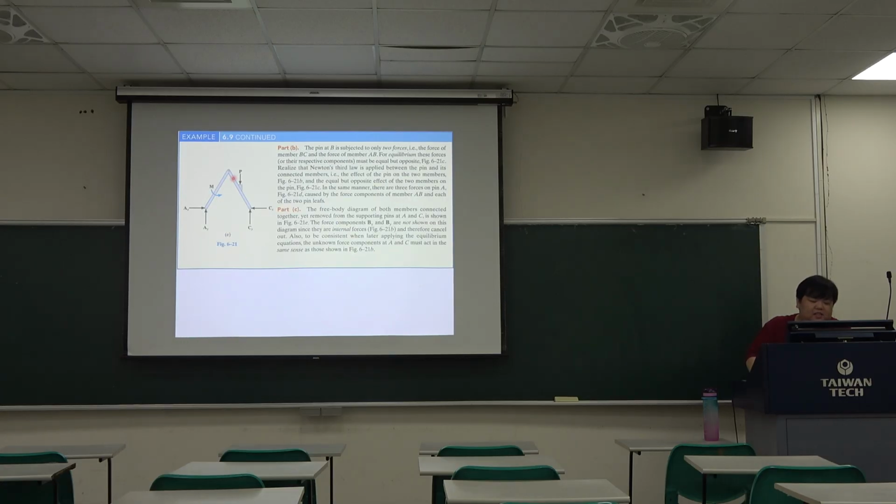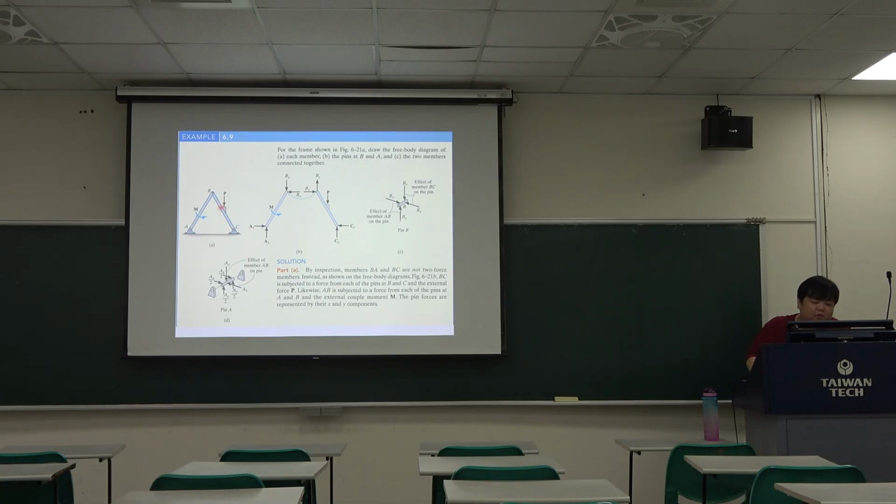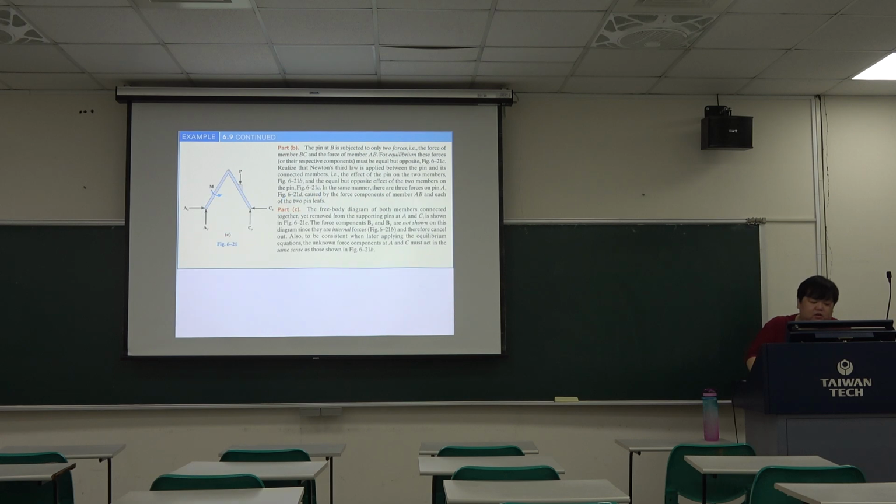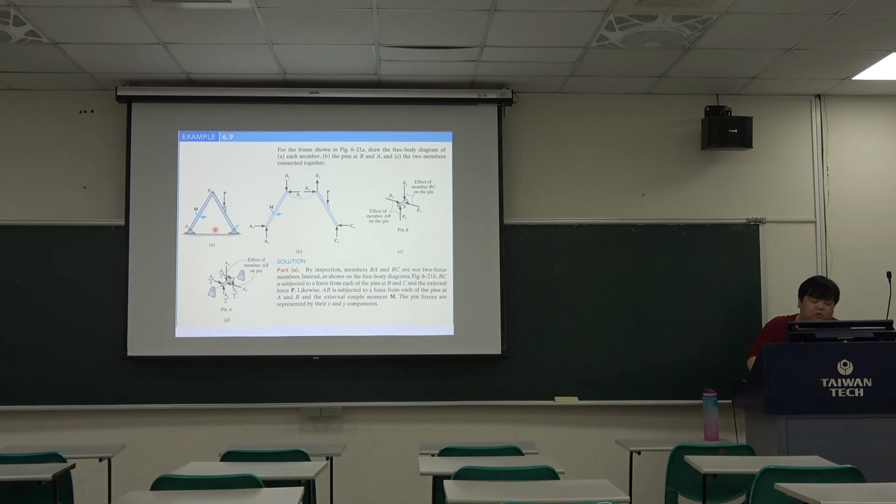We can draw this very easily because we have the two pin supports here. So we have two direction reactions. Like this part, we have two reactions, and we have one moment here and one force here.